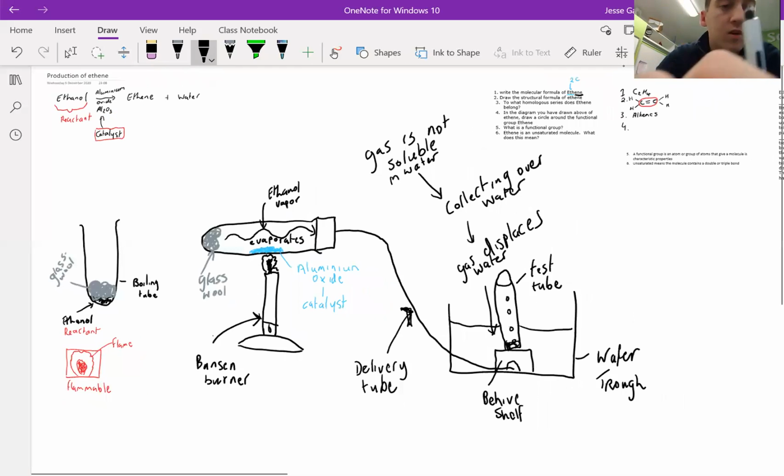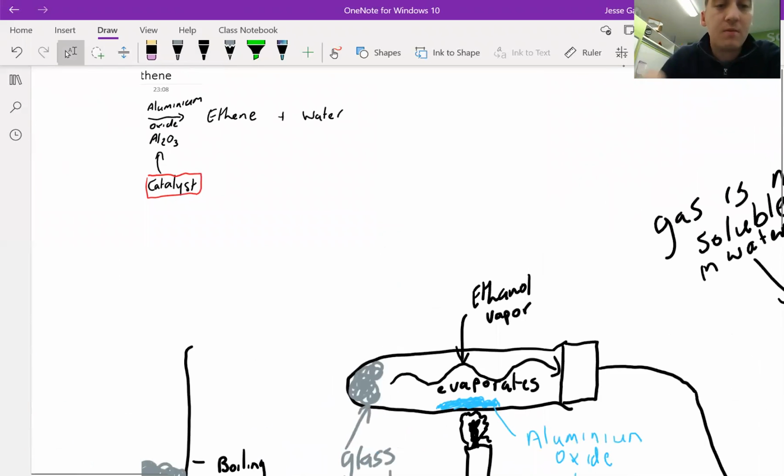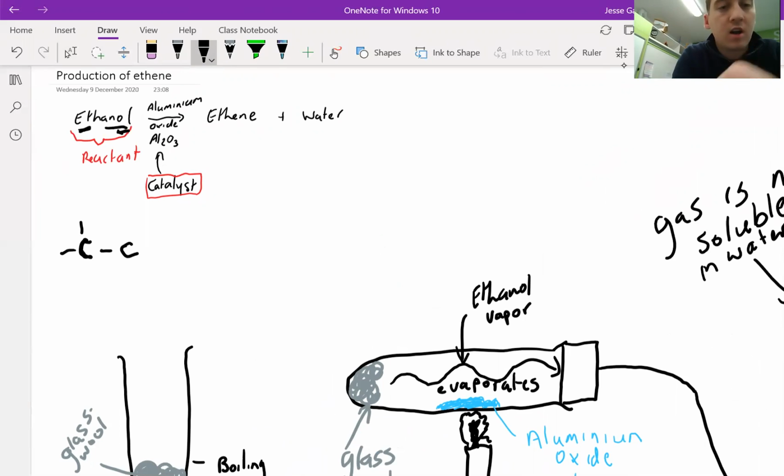Okay, I'm going to go back to the equation for a second, and we're going to draw out and look at a little bit more detail what's happening. I'm going to draw ethanol. If you've done alcohols already, if you've done the theory, you will know that the structure for ethanol looks like this. You've got 2 carbons, eth, and it's anol, which means it's an alcohol. So the name ends in ol, it's an alcohol.